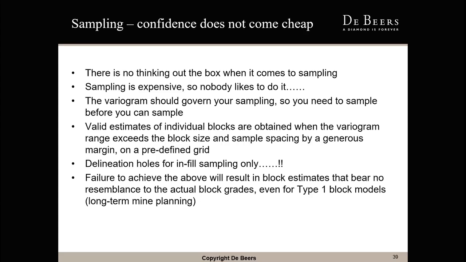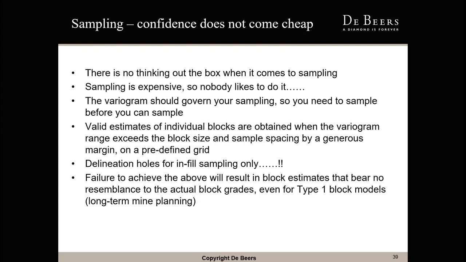The other point to note is that when you consider sampling, the variogram of that particular deposit, which I'll talk about in a second, should govern your sampling. So you actually need to take some samples so you can construct a variogram before you even start your main sampling campaign.